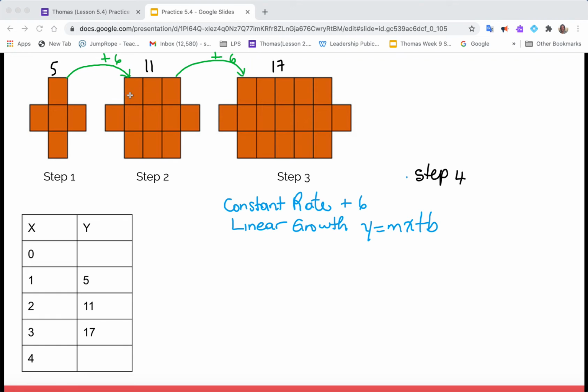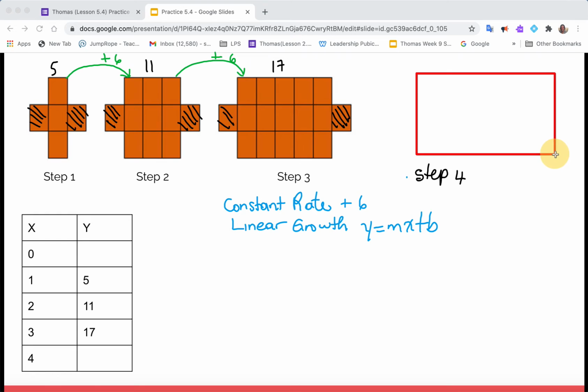Each step, I notice that there is an extra 2 on the ends in the middle row of each pattern, but also there are 2 additional columns that are added each time. So if I wanted to represent step 4, then for me this is what my step 4 would look like.